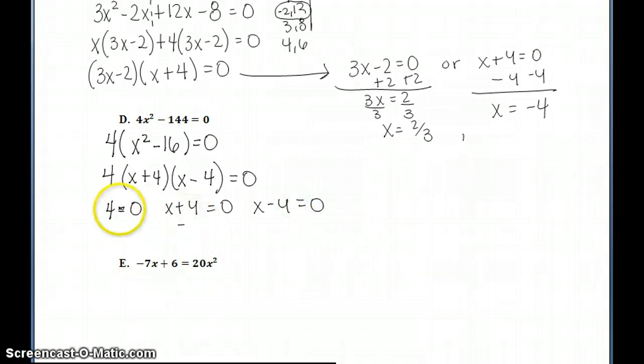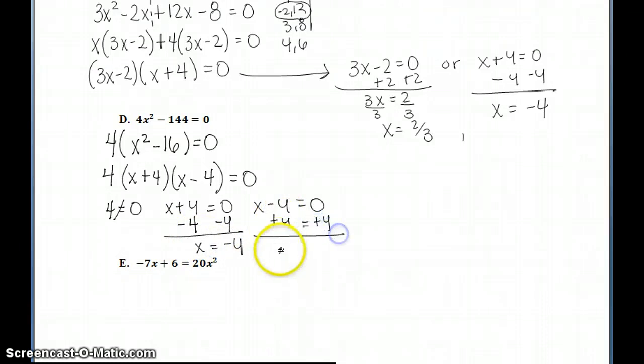So this one doesn't work because 4 doesn't equal 0, so we don't use it. But these two we can use. We've got x equals negative 4 and x equals positive 4. So those are my two x-intercepts, my two roots or solutions.